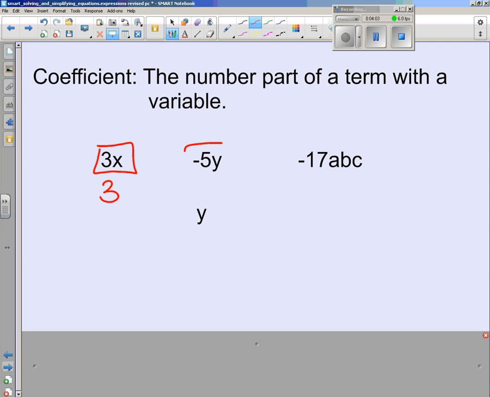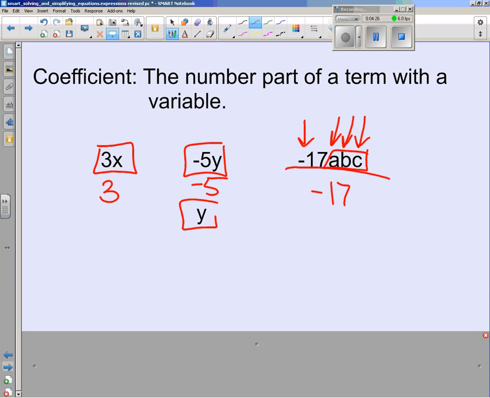Over here, take a minute, try and figure out what the coefficient is. Should have gotten -5. The coefficient over here, don't get confused because it has 3 different variables. That's okay. That is the variable part of the term. The coefficient here is the number part, so it's going to be -17.